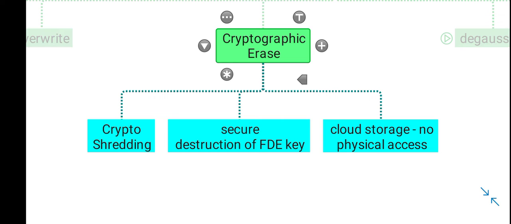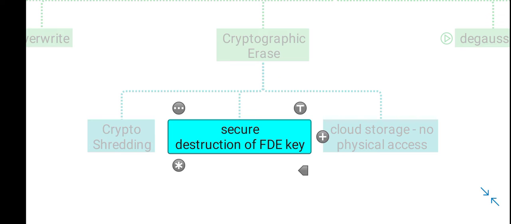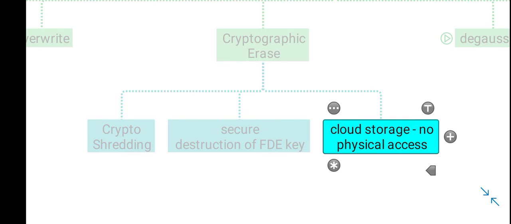It is also called crypto shredding, and it involves carrying out full disk encryption on the media and then destroying the keys of this encryption. This is particularly usable for cloud storage, where you do not have physical access to the cloud media, so you can encrypt your data and then destroy the key.